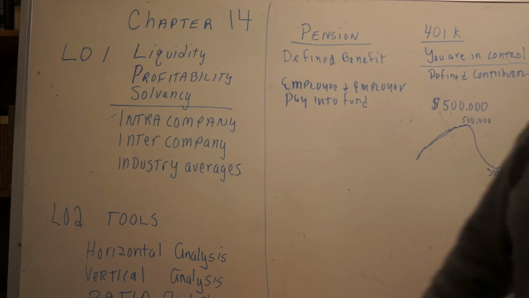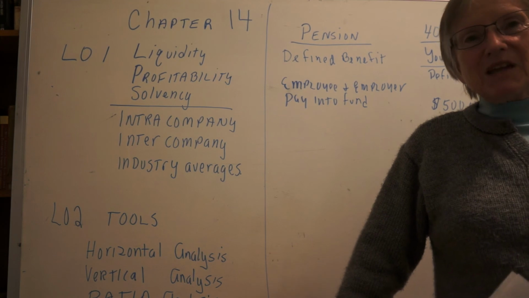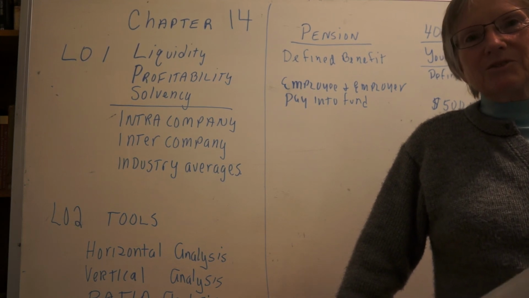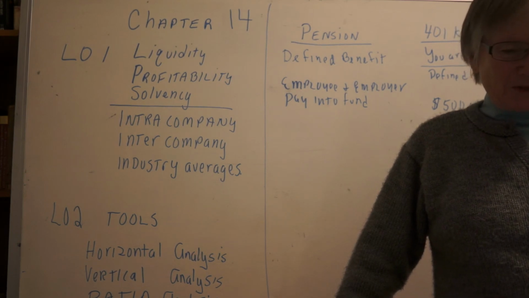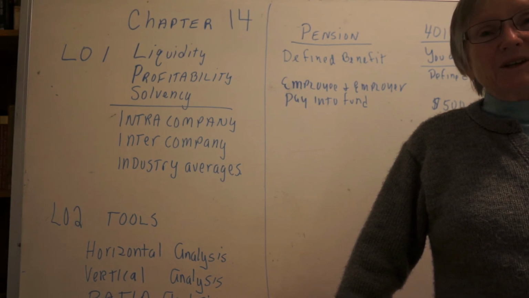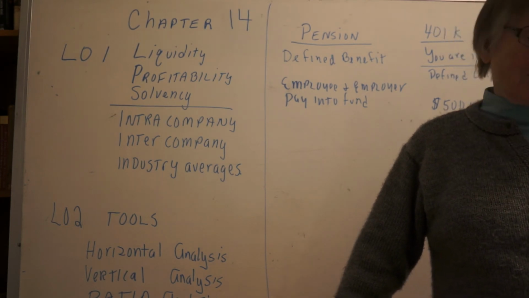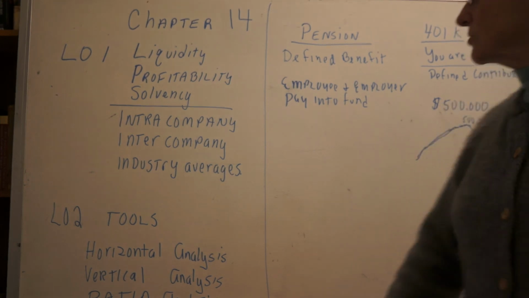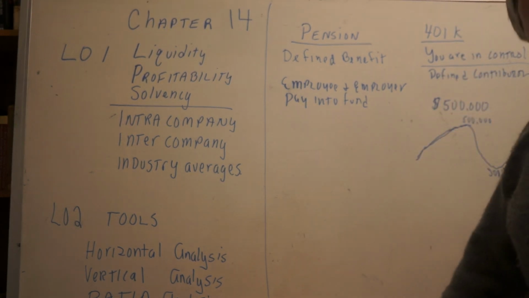You can't retire. This happened to people in my age group who were planning to retire in 2008. They're still working because their 401ks all bit the dust. And a lot of them made the mistake of selling off rather than holding, and it's not a happy thing. So with the 401k, you bear all the financial risk.